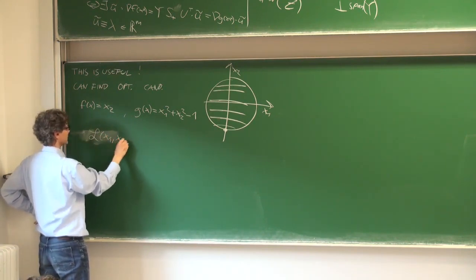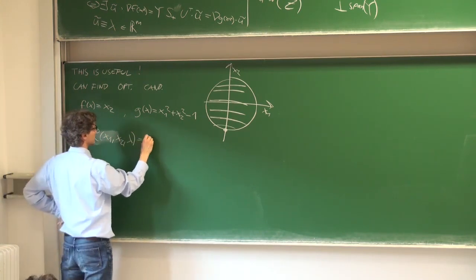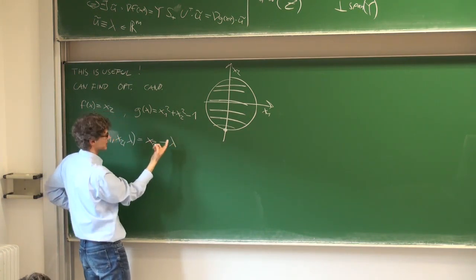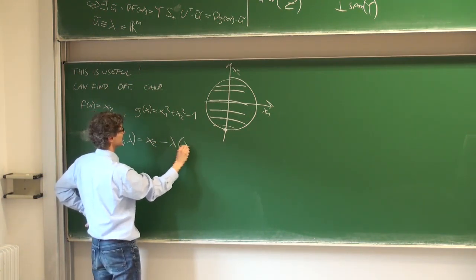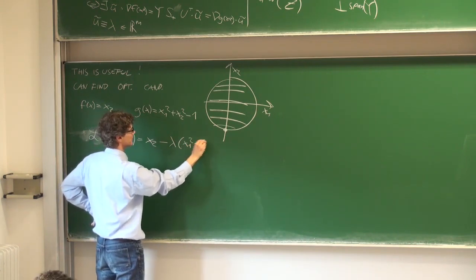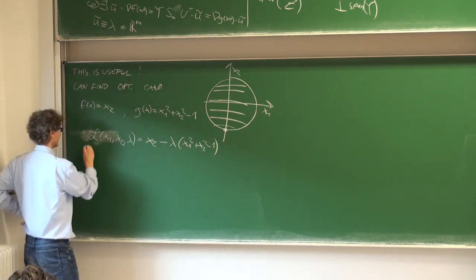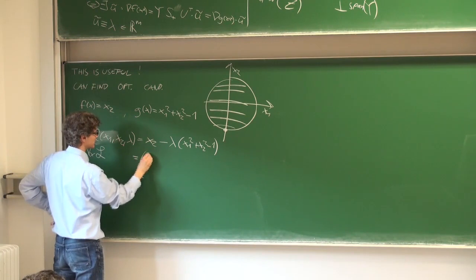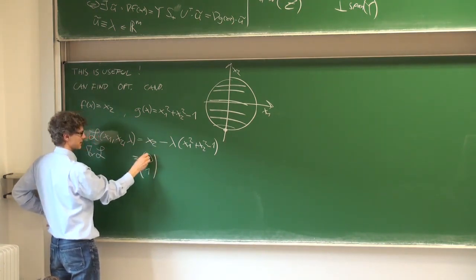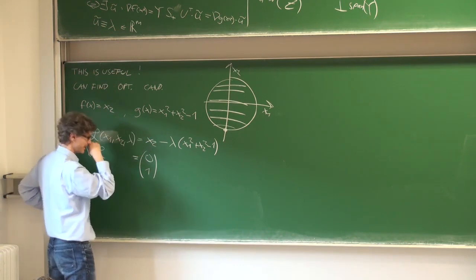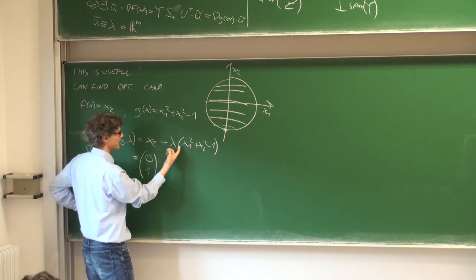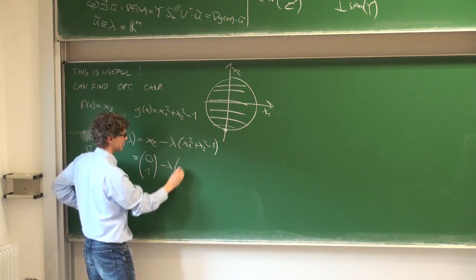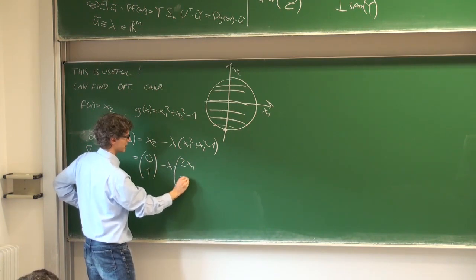It depends on x1, x2 and lambda, and it will be x2 minus lambda, there's only one so I just call it lambda, times x1 squared plus x2 squared minus 1. Now I can compute the gradient of this whole thing with respect to x, and it will be 0 and 1, because I differentiate with respect to the first and the second component. And here I need to take minus lambda times the gradient of this thing, which is 2x1 and 2x2.